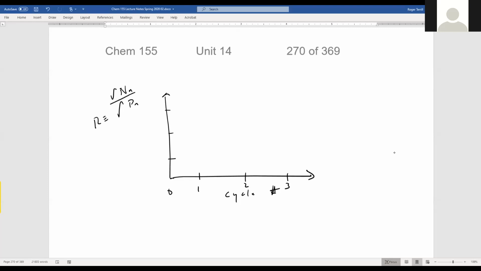So somebody tell me what this plot should look like. There are several possibilities. We've got 1, 2, and 3, and 1, 2, and 3, and 1, 2, and 3.